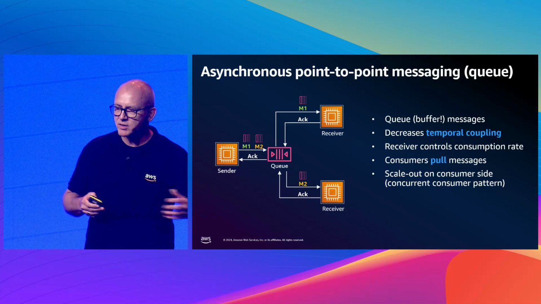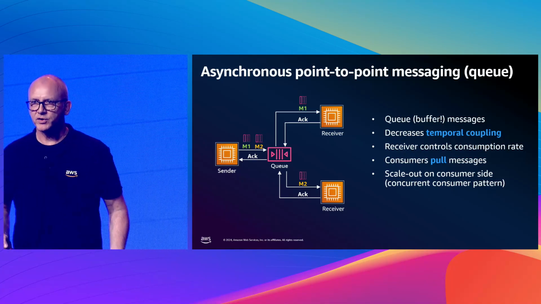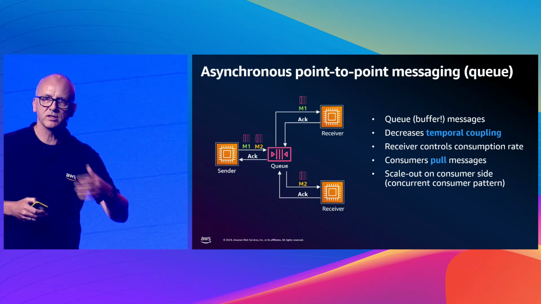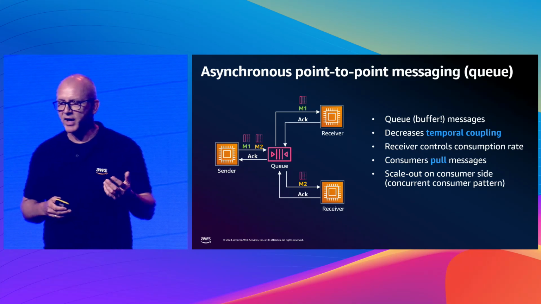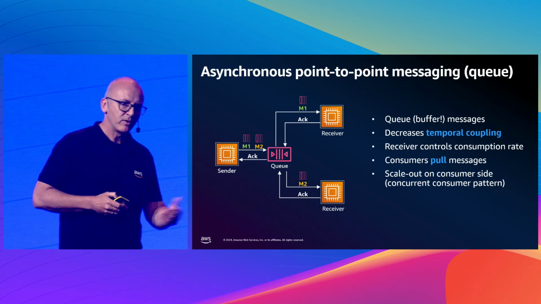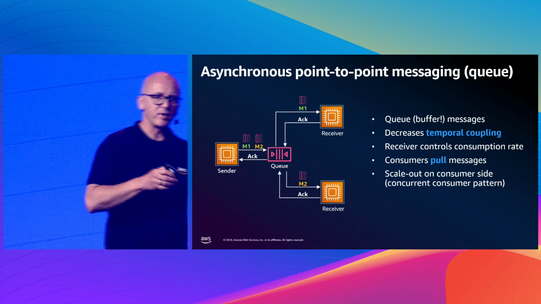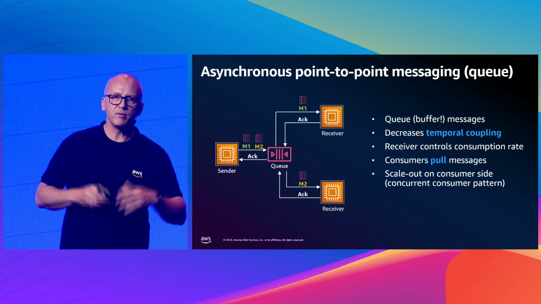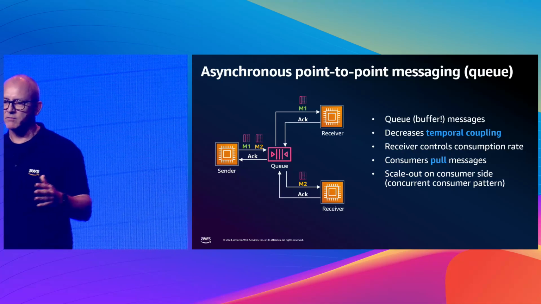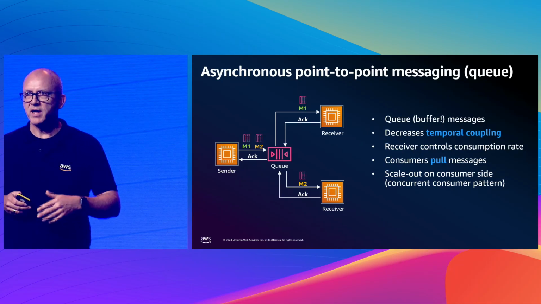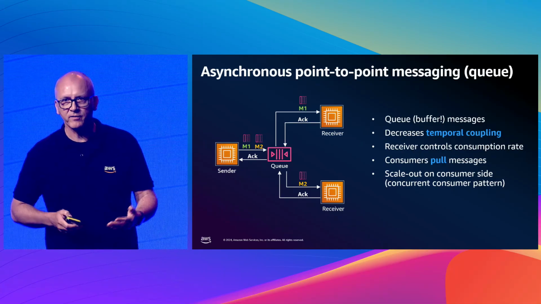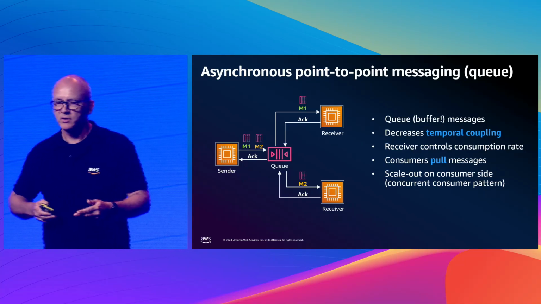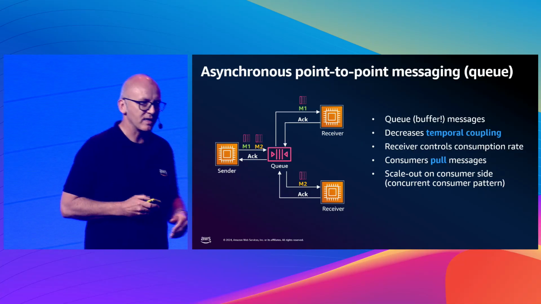That means if there's a lot of load on the queue, you can just launch more processes to consume that additional load, which comes in very handy. And again, because that queue is in the middle between the sender and the receiver, it also removes the availability dependency. So you can also take the receiver offline for planned or unplanned maintenance, or maybe it just struggles under the load, then the sender can still send out messages.